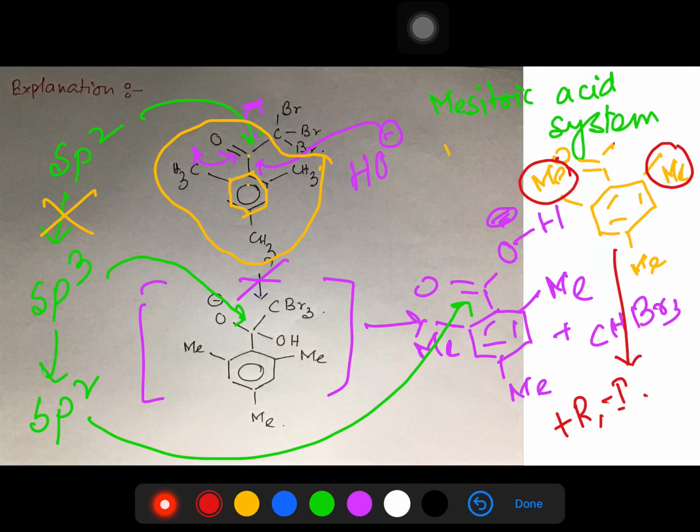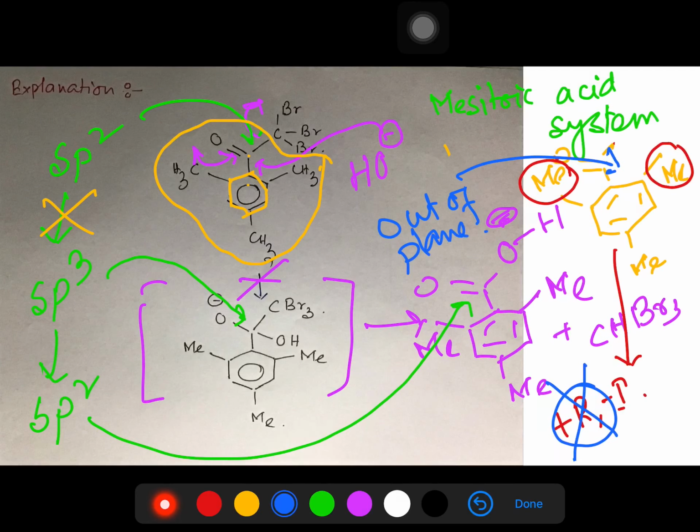So plus R is not possible, because it is out of plane. So this is actually out of plane, so plus R is not possible. Now another thing, if you look at this picture very clearly, what happens?